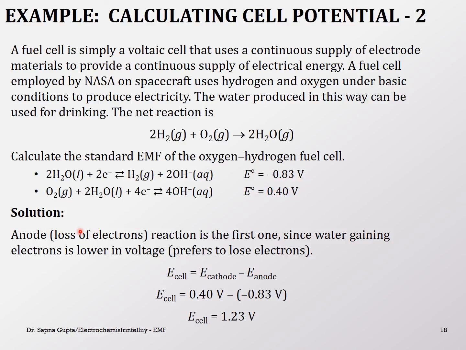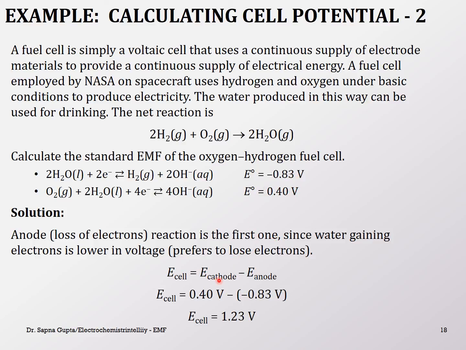So then the solution for this problem, again, keeping it very, very simple: anode is loss of electrons, and it's going to be the first one because this is negative. So because this is negative, this is going to be your anode, and this is going to be your cathode then. And so anode and cathode, since the water is lower in voltage, that's all you're looking for, is your voltages to decide what the cathode and the anode is.